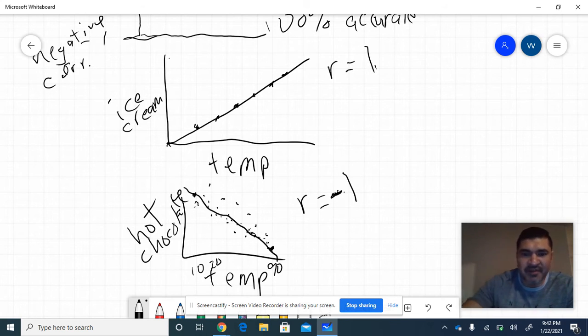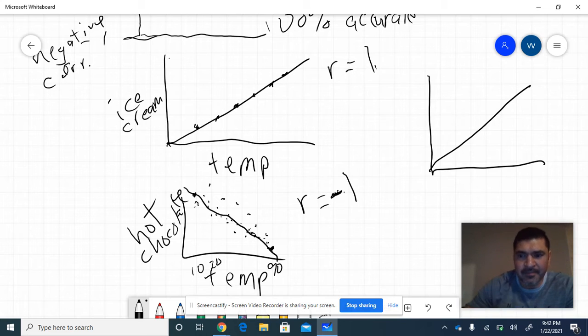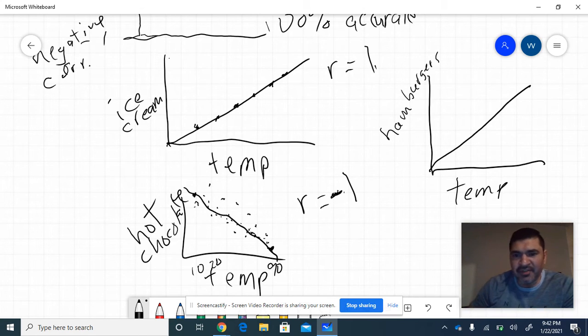Now, one last graph here. If this is my best fit line, and again, I'm going to say temperature here. And over here, I'm going to say hamburgers. Is there any correlation between temperature and hamburgers? Okay, I'll eat a hamburger anytime.